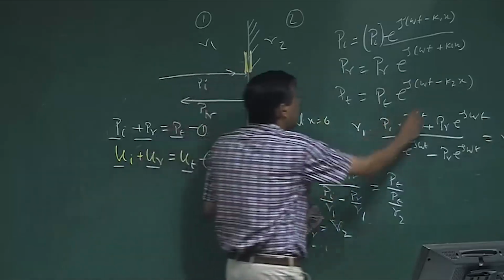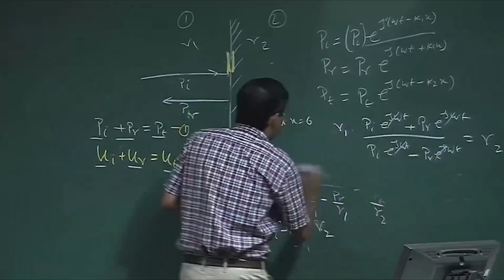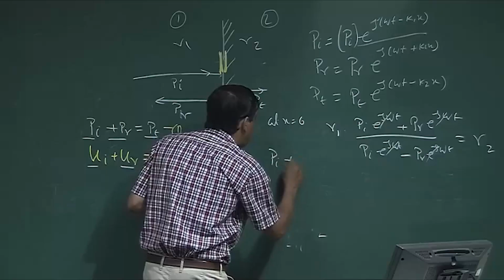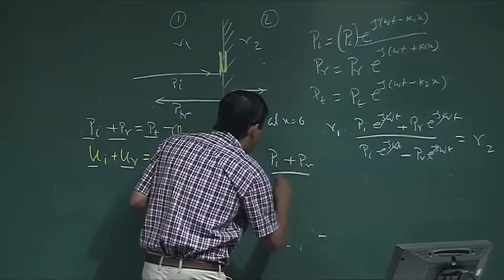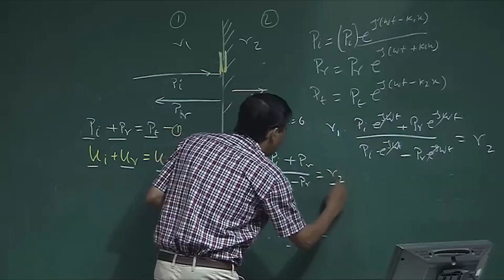The j omega t will be cancelled. So, I can say Pi plus PR divided by Pi minus PR is R2 by R1.